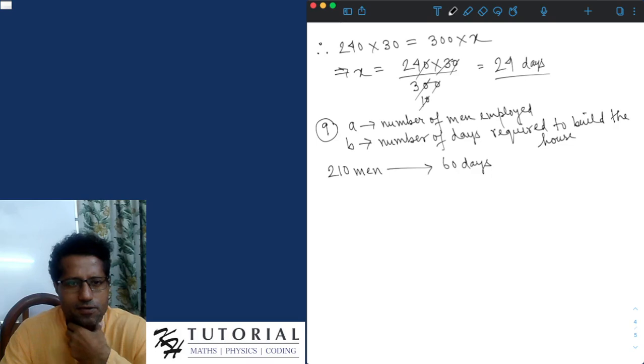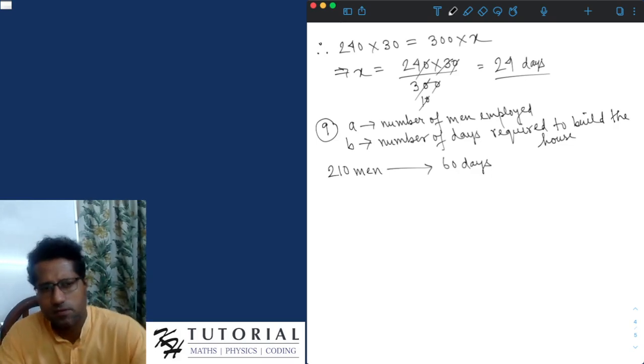Now, it is not clearly saying that 210 men is required to build a house in 60 days. It just says that a contractor has employed 210 men to build a house in 60 days. And after 12 days, he was joined by 70 more men.